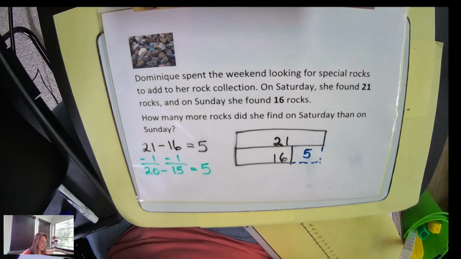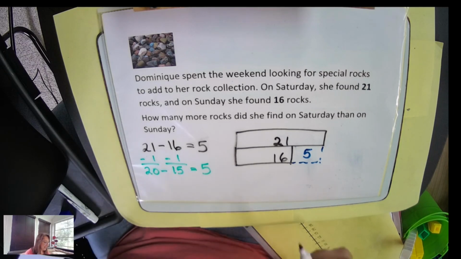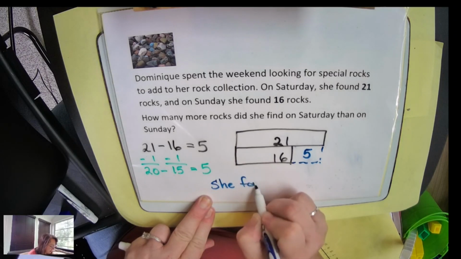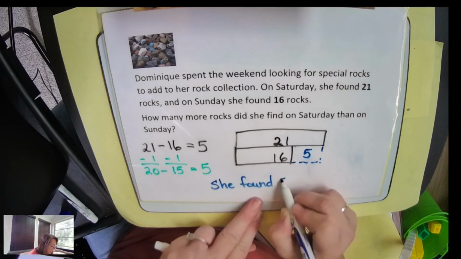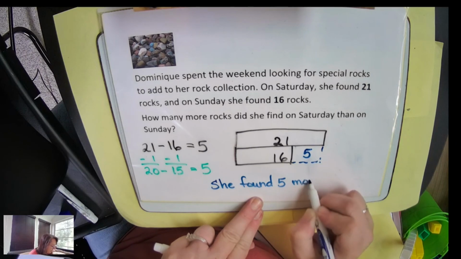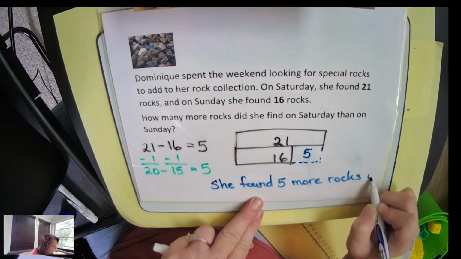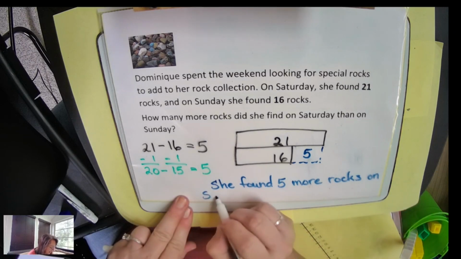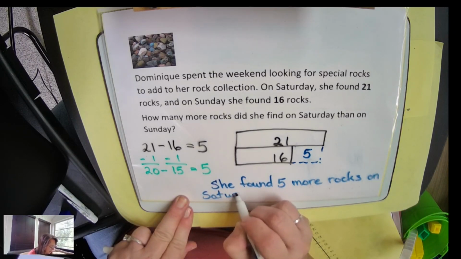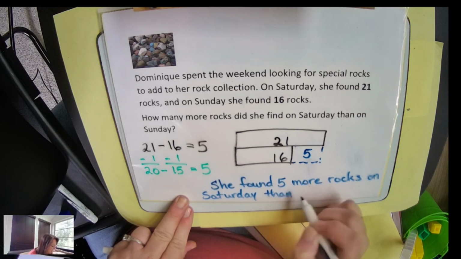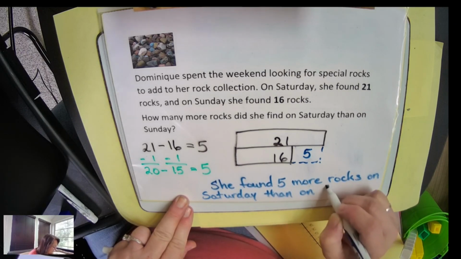Very good. So the answer to this problem then is she found 5 more rocks on Saturday than on Sunday.